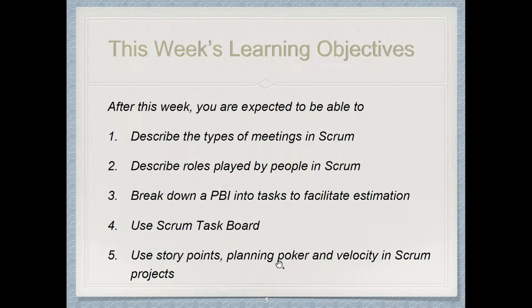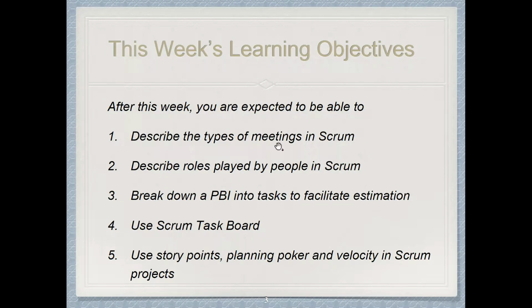So that was what we learned last week. And today we will discuss how we operate in Scrum. So we need to know two things. One is what kind of roles and responsibilities we may have. Do we have different responsibilities in a Scrum team? If so, what are they?